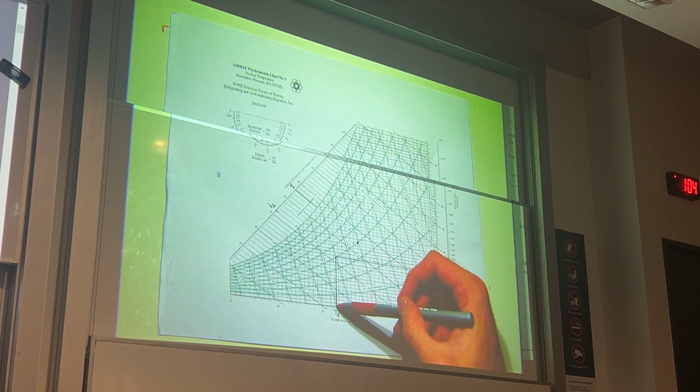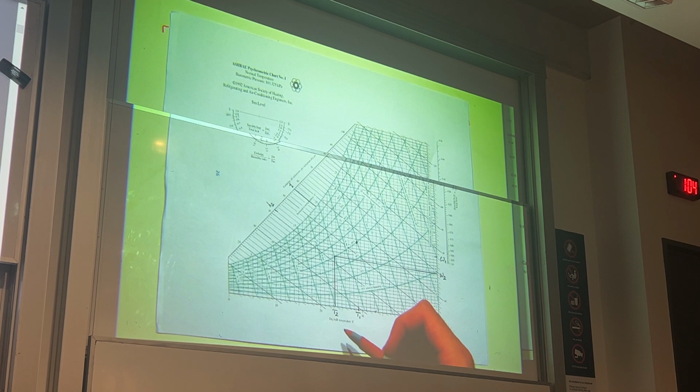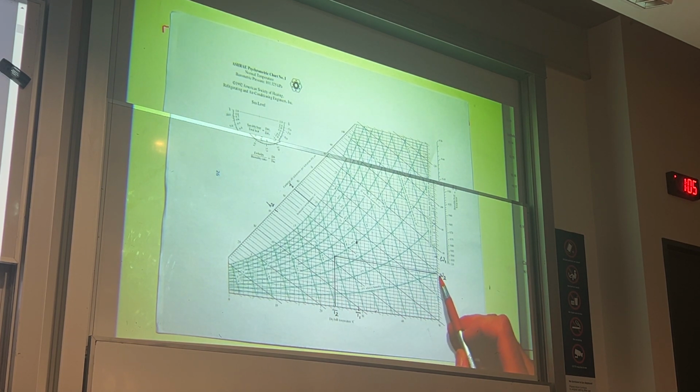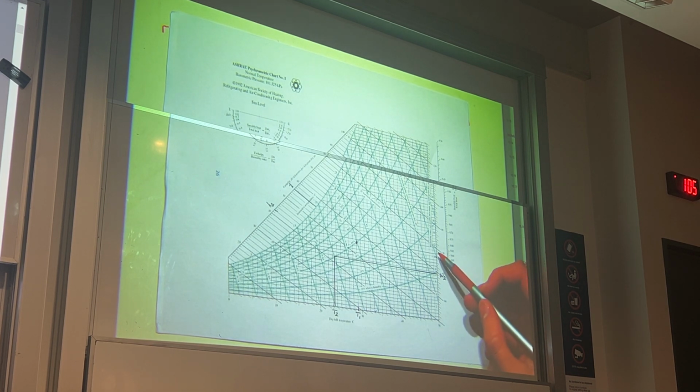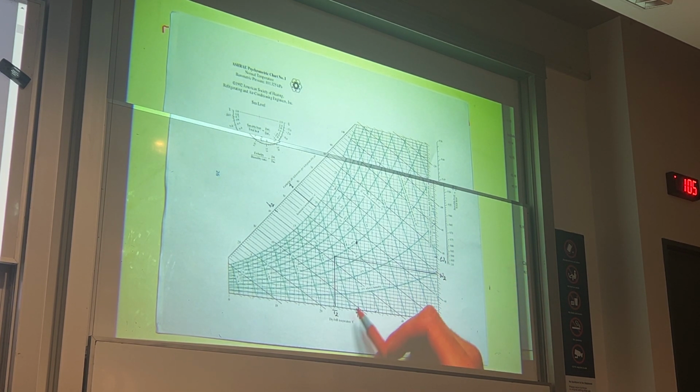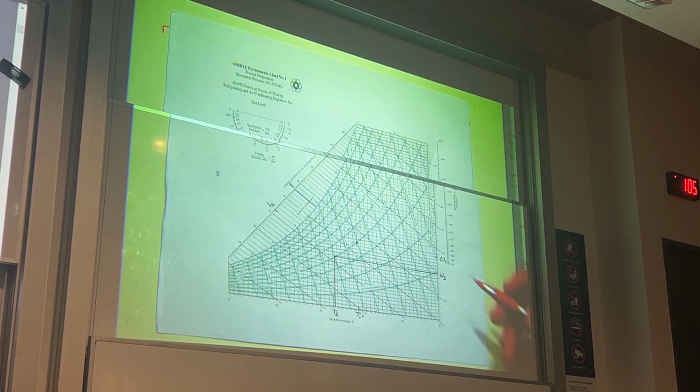When you come down, I'm just above 23 degrees dry bulb, and I am just below 8 or just above 7 in terms of my absolute humidity. So I started at 29 and went down to 23 in terms of dry bulb, and I started at around 10 and went down to 7 in terms of absolute humidity. So from there, we know that our answers are going to be A and D.